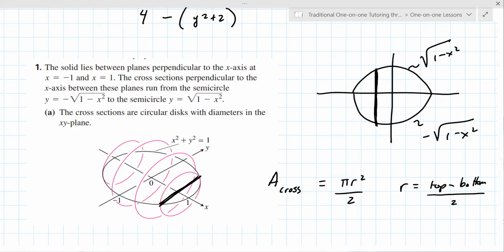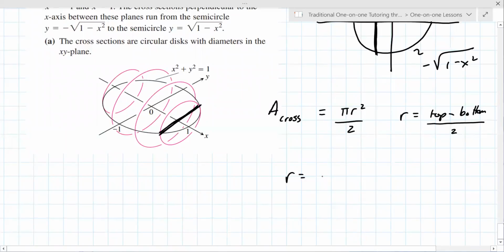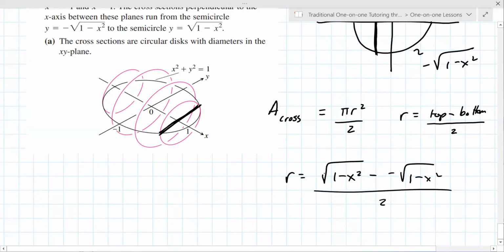All right. So the way this works, there's a lot going on here. r becomes the square root of 1 minus x squared minus negative square root of 1 minus x squared, divided by 2. So it becomes 2 square root 1 minus x squared, because you get 2 of them up top, divided by 2. So it ends up being just the square root of 1 minus x squared.